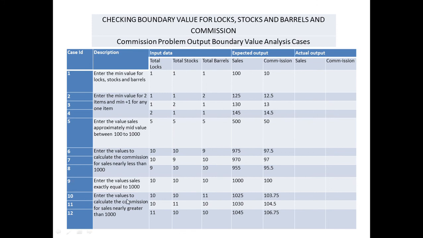Next, enter the values to calculate the commission for sales nearly greater than 1000. Now we are done with less than 1000, equal to 1000 and greater than 1000.